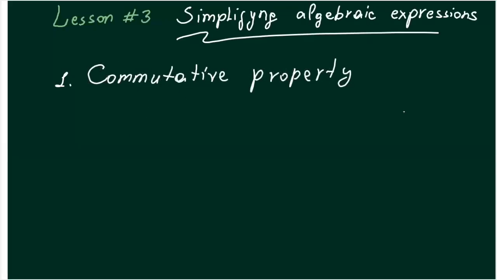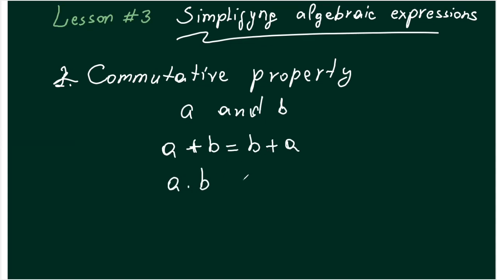Okay, the second property is the commutative property. What is the definition of the commutative property? For any real numbers a and b, we can write a plus b equals b plus a, or a multiplied by b equals b multiplied by a.